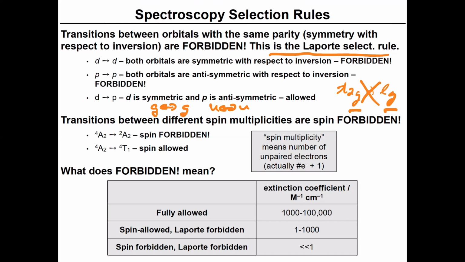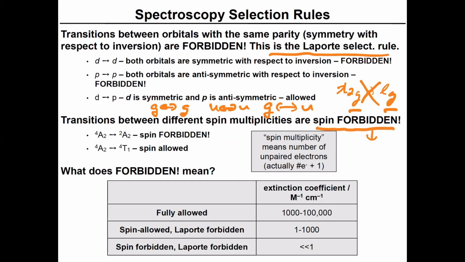But if you have transitions between g and u, those are actually allowed by the Laporte selection rule.